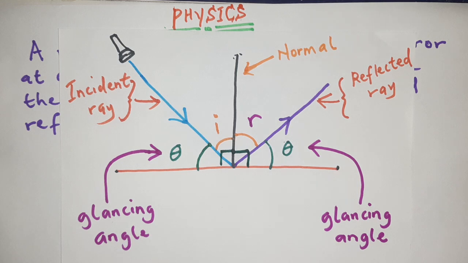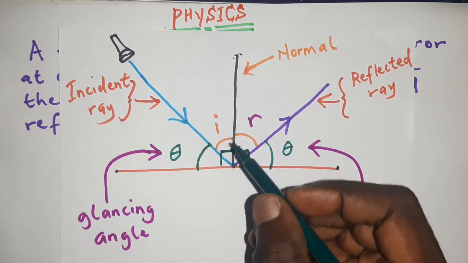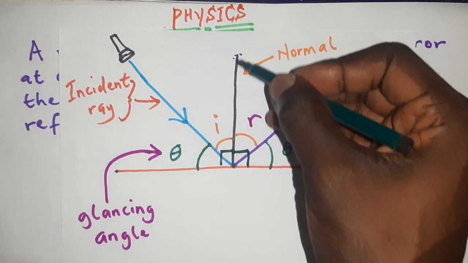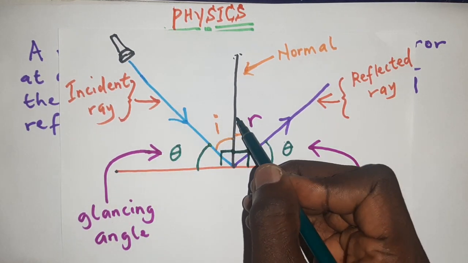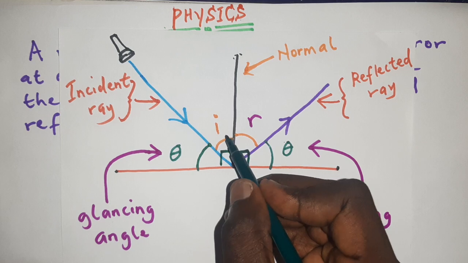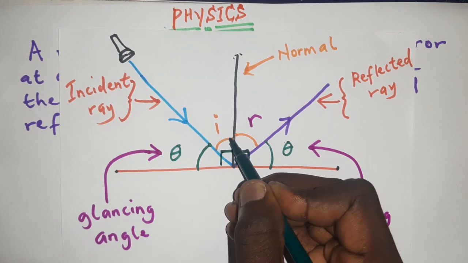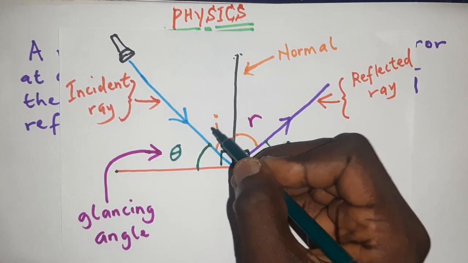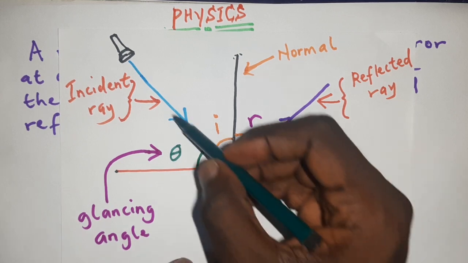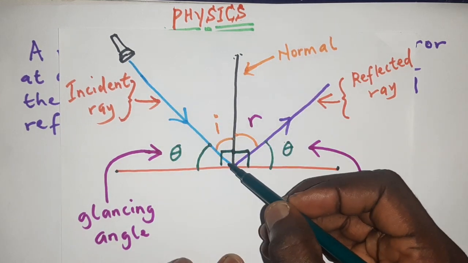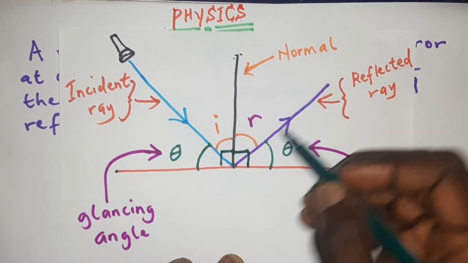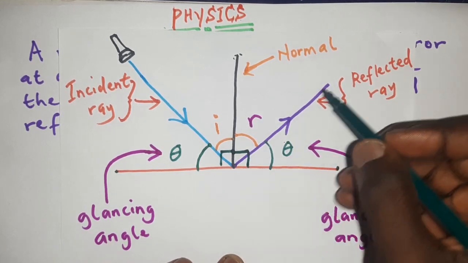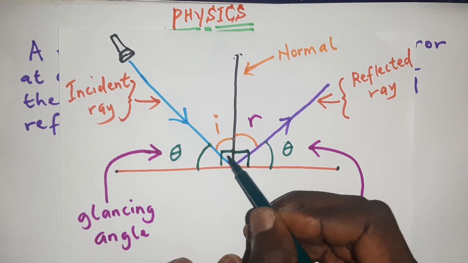So from here to here will be 90 degrees, and also from here to here will be 90 degrees for our angles. And now, since you have constructed a normal, the angle between the normal and the incident ray, we'll call that angle the angle of incidence. And of course, when the incident ray hits this plane surface, it's going to be reflected this way, starting from that point of incidence.